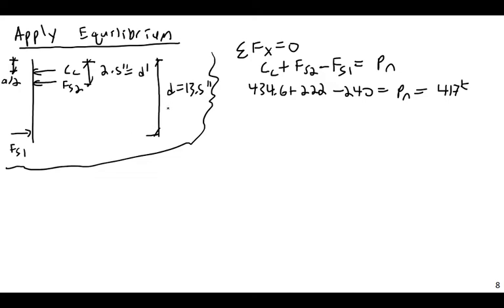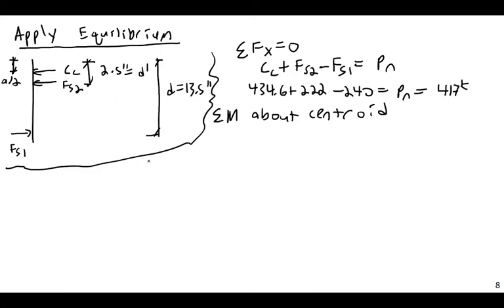Now to find the moment capacity, I'm going to do a balance of moments about the centroid of the section. So not about C, but about the centroid of the section. They're actually fairly close, but generally we want to take the sum of moments about the centroid.